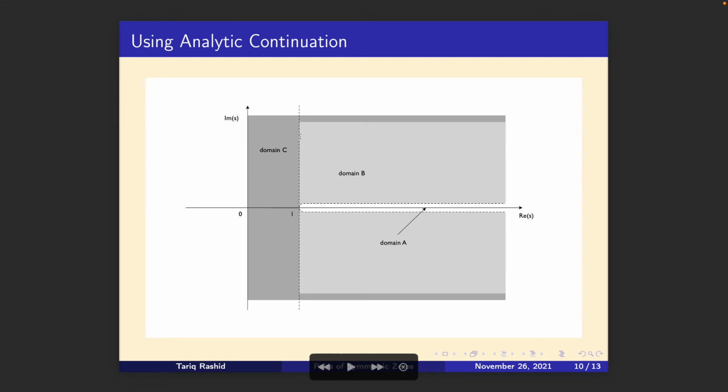It excludes sigma equals 1. And then because we extended the Riemann zeta function from domain B to domain C, we've already done that, and it remains analytic there, except at this pole, then we can say that f, which depends on the Riemann zeta function, is 0 here, it's 0 here, it's 0 here.